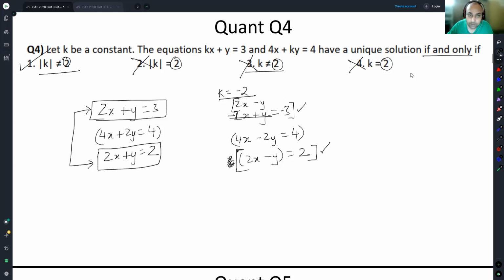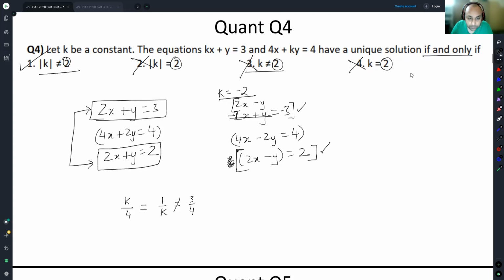The technical way of doing this, of course, is k by 4 is equal to 1 by k is not equal to 3 by 4.